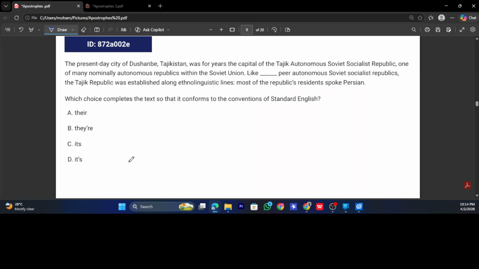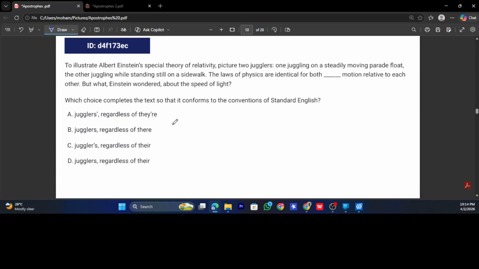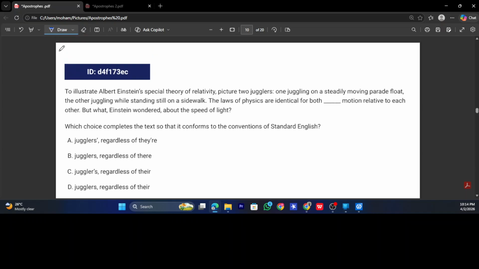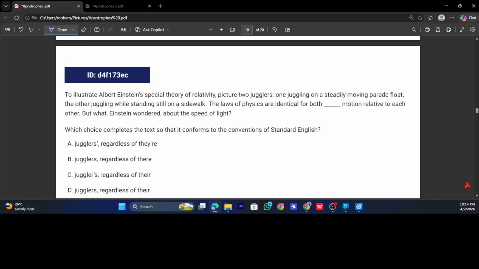So we also solve this in our next one. Okay, try to solve that.